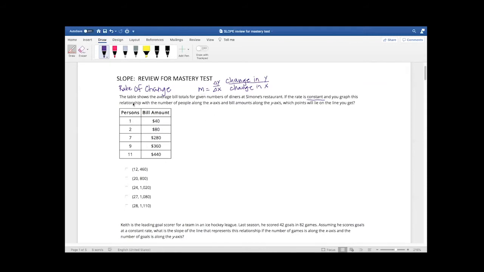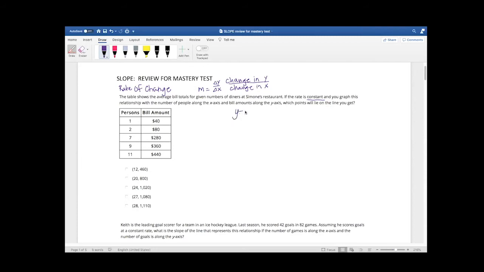So if we look at this table, the average bills for the given number of dinners at Simone's restaurant, if the rate is constant, so that means it's going to stay the same, and you graph this relationship with the number of people along the x-axis and the bill along the y, which points would lie on the line you get? To figure out the line for this problem, we need the slope.